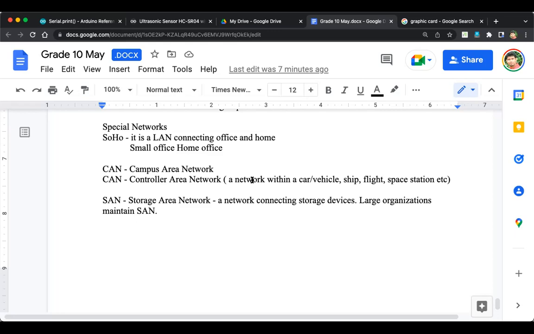Then the transmission medium. The medium can be wired or wireless, that is, guided or unguided. If it is guided, it is twisted pair, coaxial, or fiber optics. I hope you are using either twisted pair or fiber optic lines for internet.